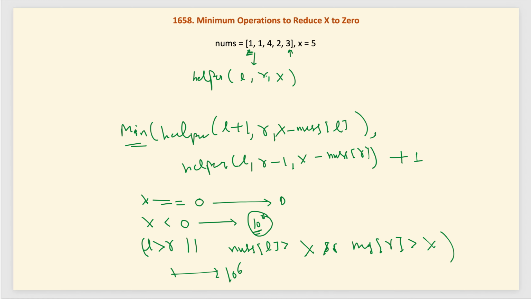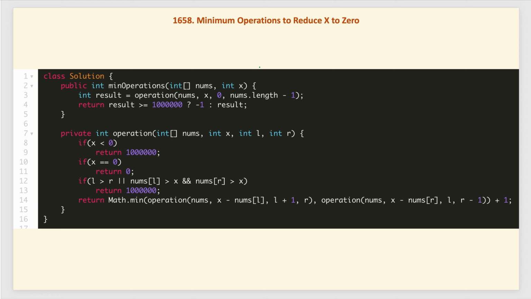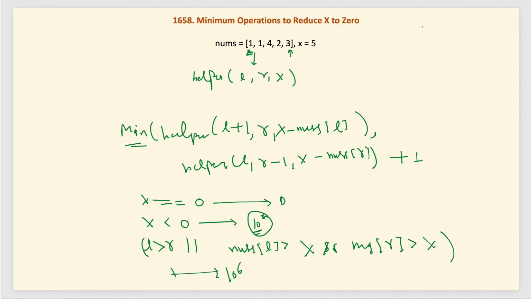Let's try to rerun this example. First our L is 0, R is 4 and x is 5. Let's say we pick the 0th element, then L becomes 1, R is 4 as it is, and we subtract 1 from the x value, which becomes 4.